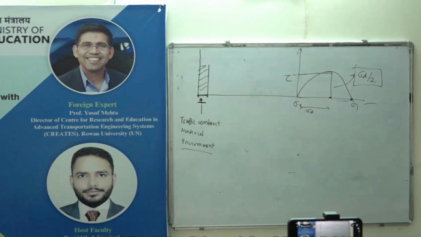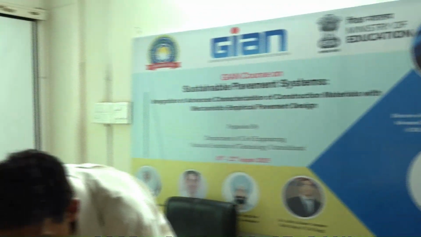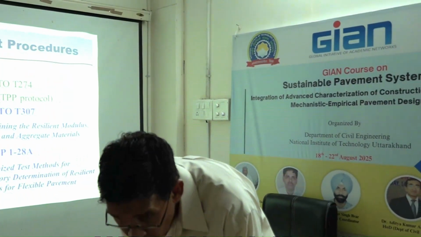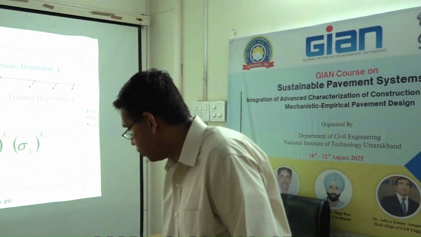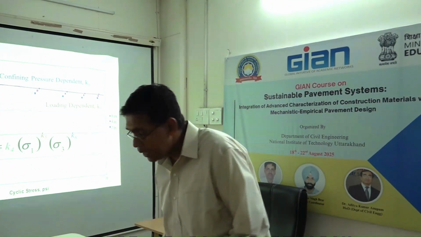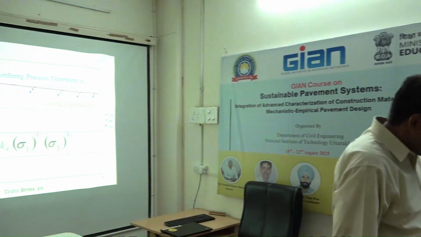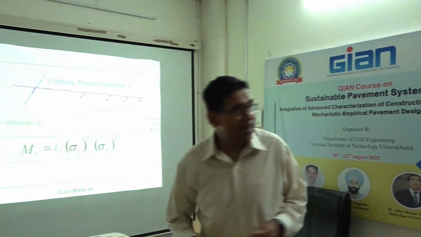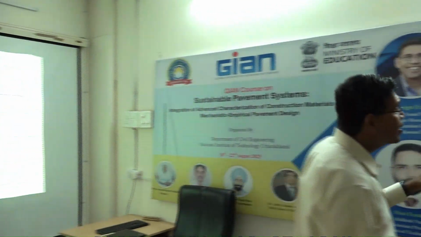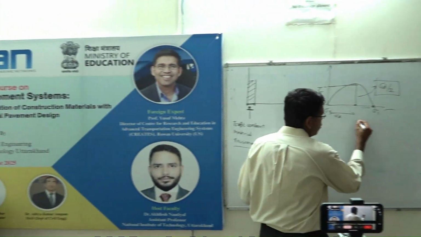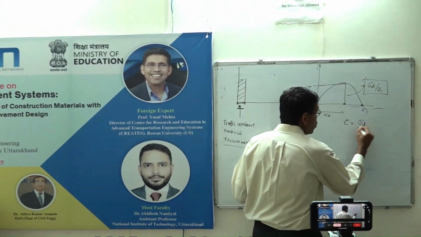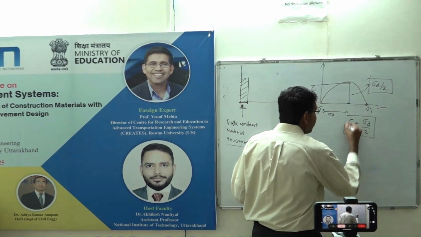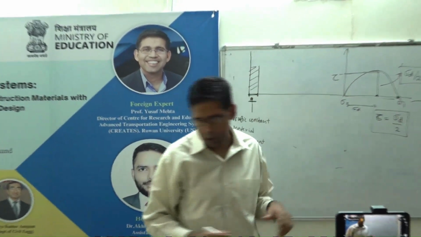So she's asking, what is octahedral shear stress? It has been a long time since I did the definition of octahedral. I think in this case it is straight tau equal to sigma D over 2, but I don't remember offhand. You just have to look at the definition from somewhere else.